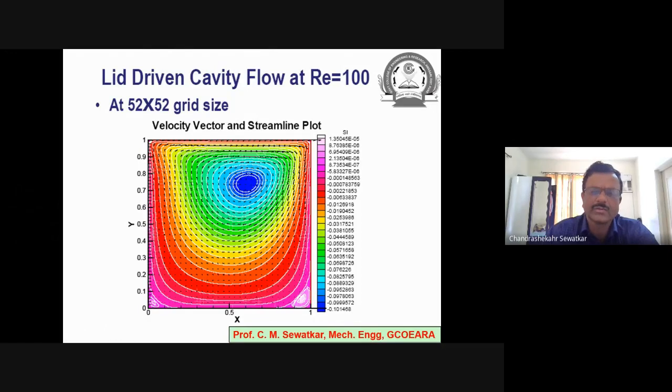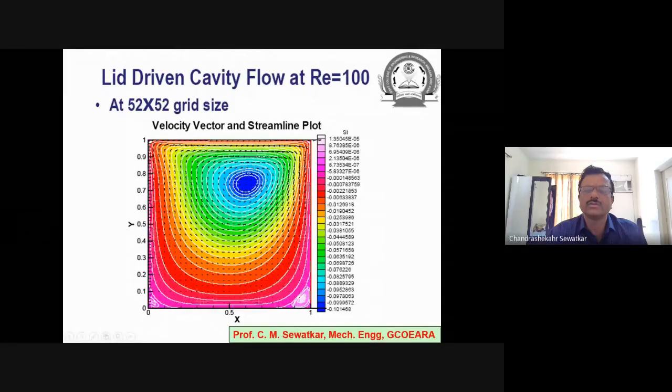Then I can obtain the angle of the velocity vector also: tan theta is equal to v by u. So theta can also be determined, and then it can be plotted.